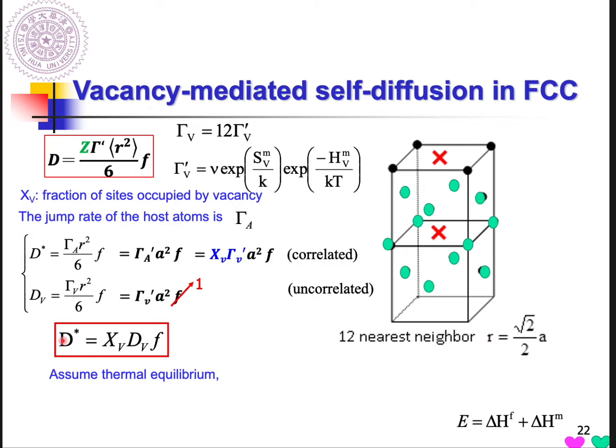As we mentioned in the previous class, dV must be much higher or larger than the self-diffusivity D star, right? Because usually XV is very small.